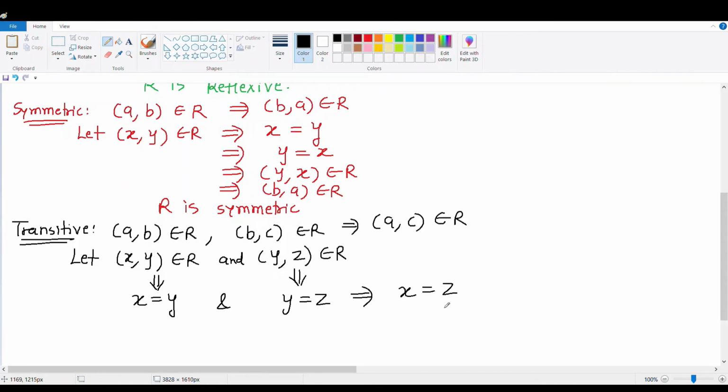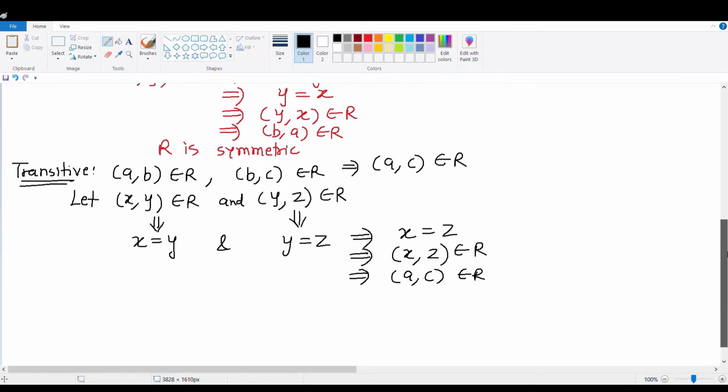And if x is equal to z, then (x, z) will also belong to R. So (a, c) belongs to R because our x was a, z was c. As soon as we showed that (a, c) belongs to R, we proved that it is transitive as well.